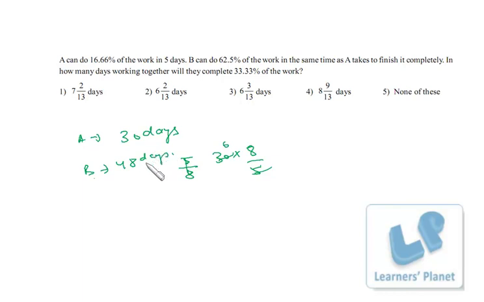B will be taking 48 days to complete the work. So if both of them are working together, they will be taking 48 into 30 by 48 plus 30, that is 78 days. This is for the complete work, but they have to do 33.33%, that is 1/3 of the work. So time will also be 1/3, right?